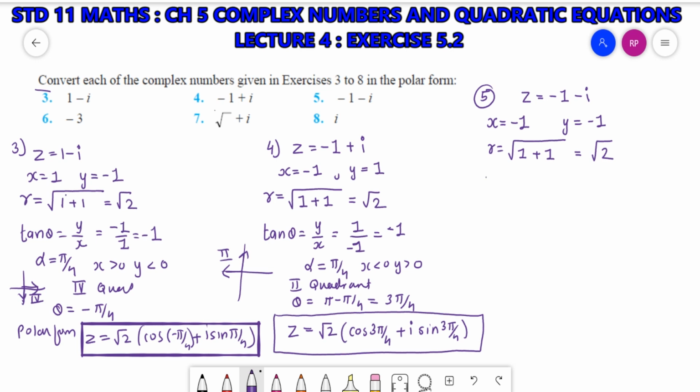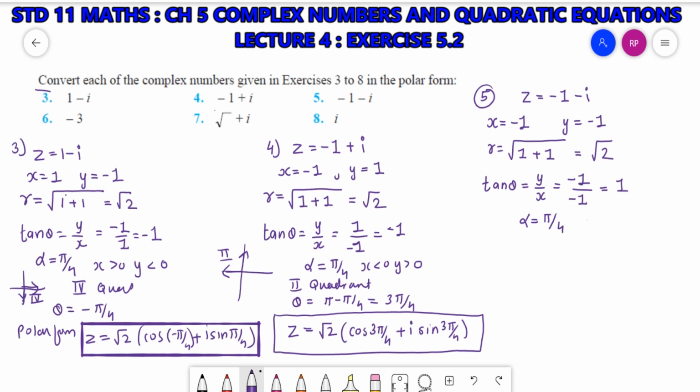Now tan theta is equal to y upon x. So what is y? Minus 1. And what is x? Minus 1. This is equal to plus 1. So again alpha is equal to pi by 4. The value of tan is 1 at pi by 4.